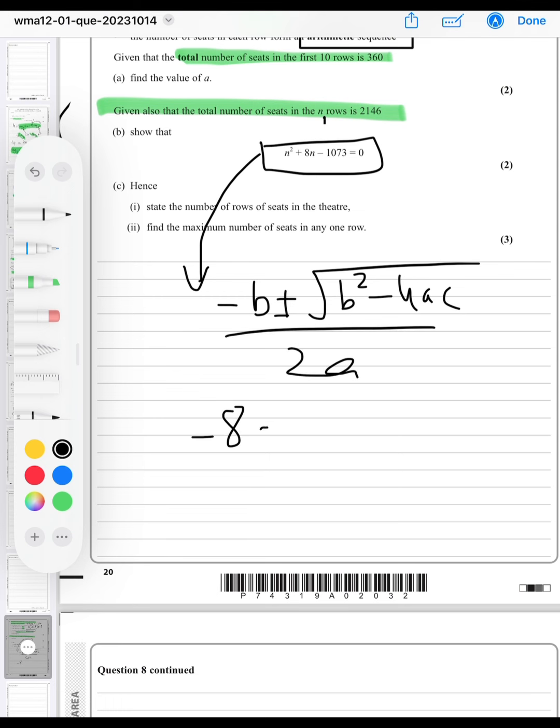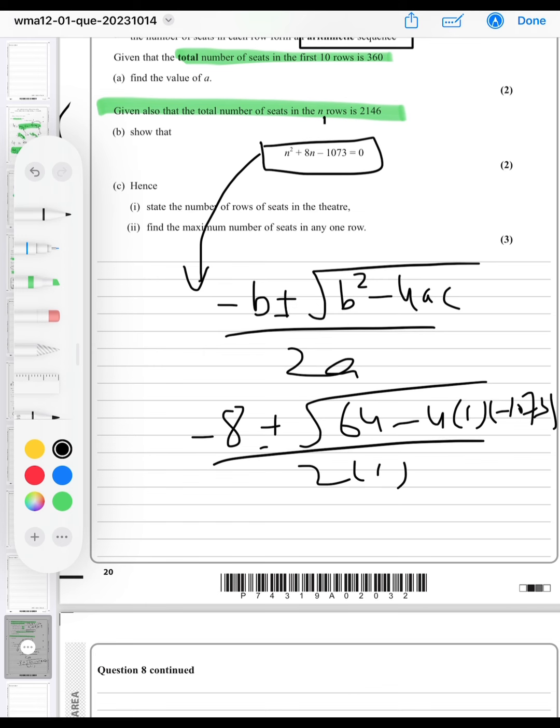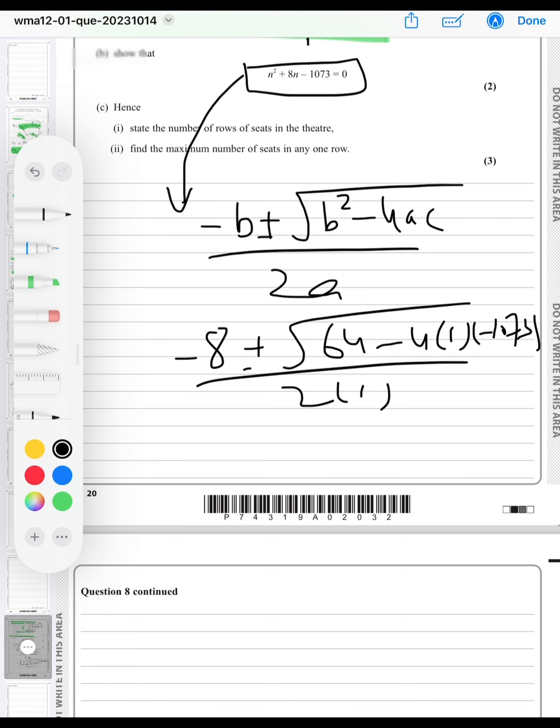So it will be minus 8 plus minus root of b square, which is this one, and then 4a is 1 and minus 1073, upon 2a, which is 2. So now I'm solving this in the calculator. Root of 64 plus 4292 is 66, so this is plus upon 2 and minus 8 minus 66 upon 2.